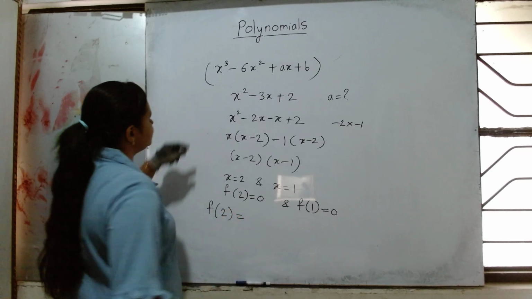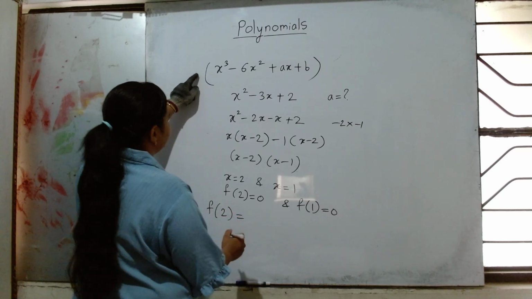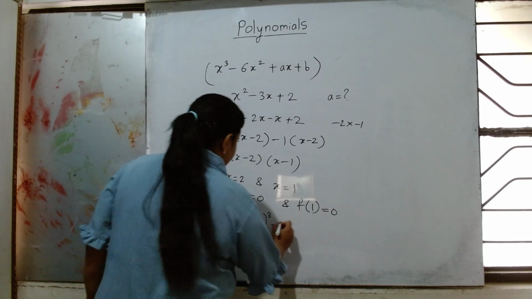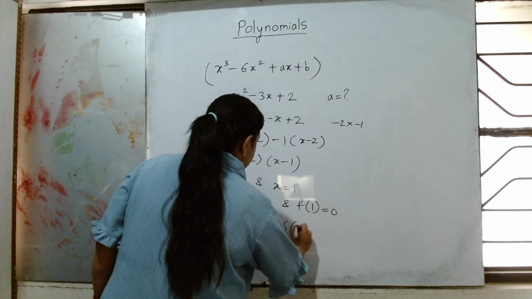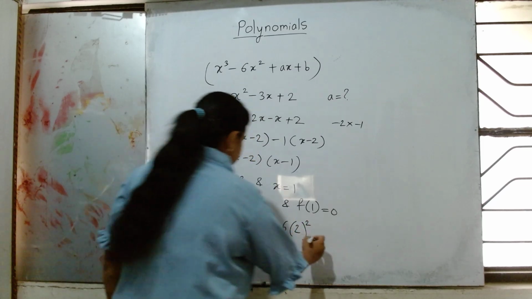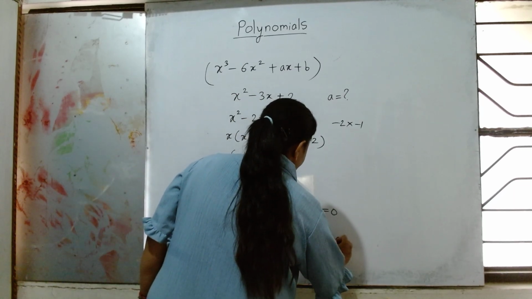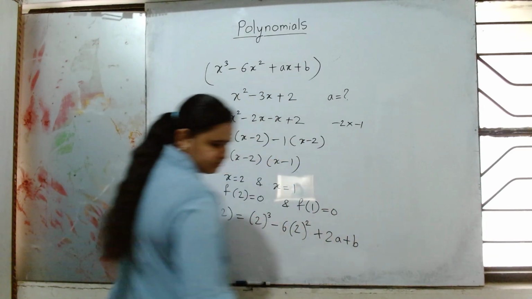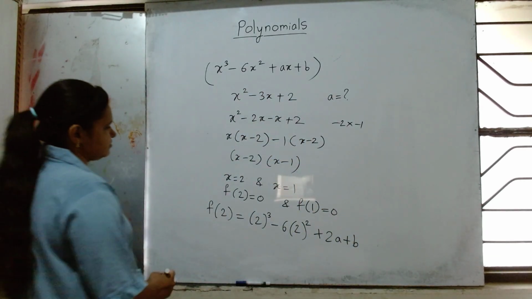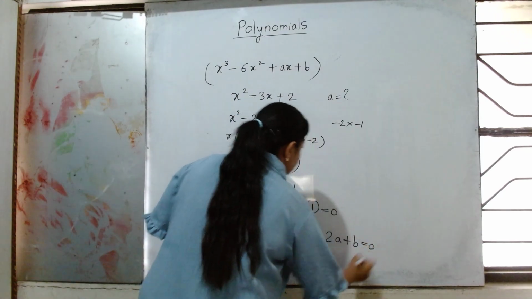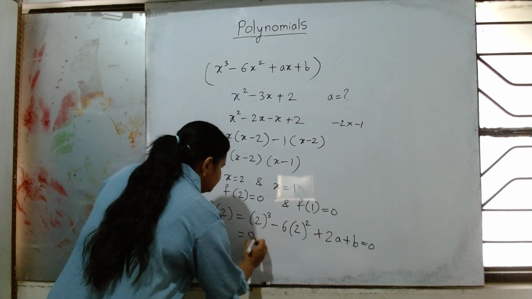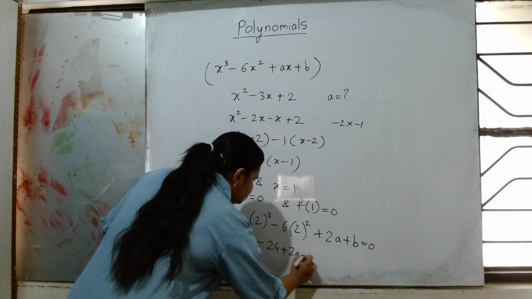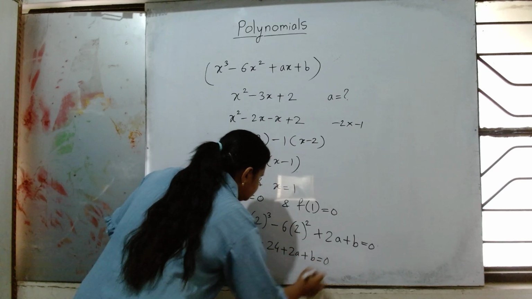F of 2: put the value of x as 2. So it will be 2 cube minus 6 times 2 square plus 2a plus b. It is equal to 0. 2 cube is 8 minus 24 plus 2a plus b equals 0.